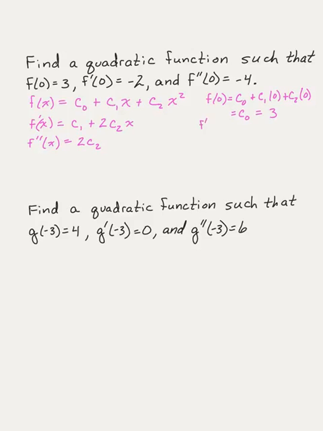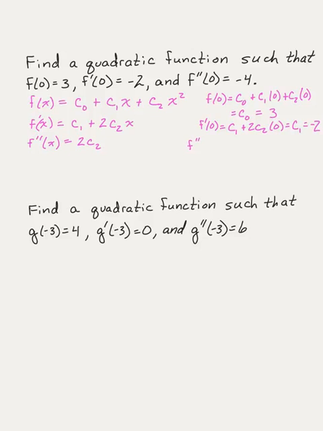Now, f prime of 0 would equal c sub 1 plus 2c sub 2 times 0, which would give us c sub 1. And since f prime of 0 is equal to negative 2, that means c sub 1 is equal to negative 2.